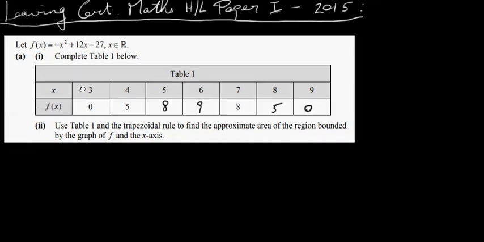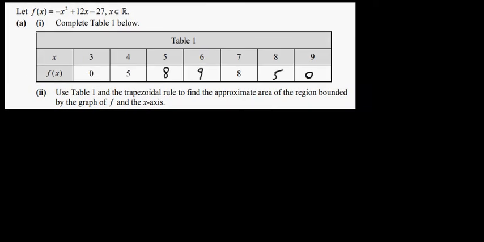and the others you should be able to do then. So let's take our function, which is f of x is equal to minus x squared plus 12x minus 27. First thing I'm going to do is this one here. So our x value here is 5.